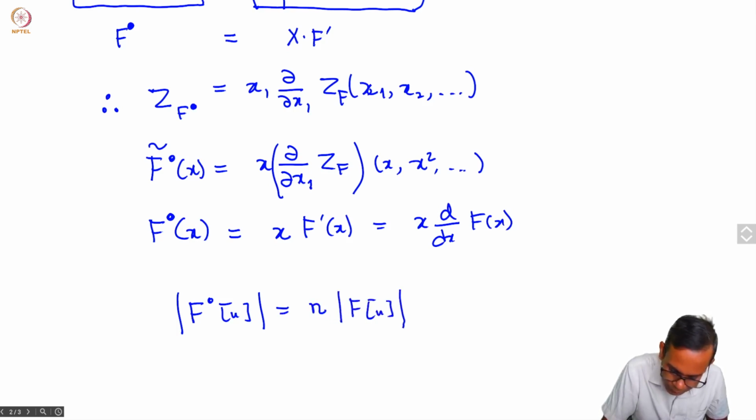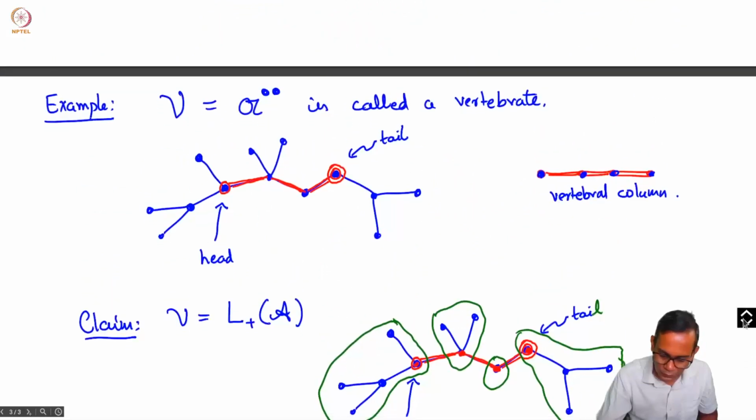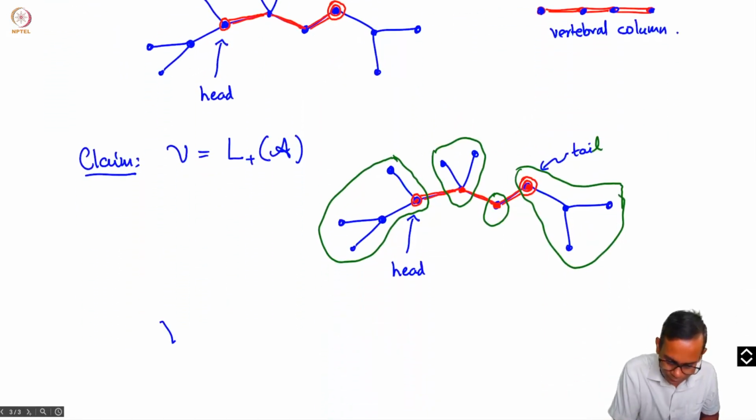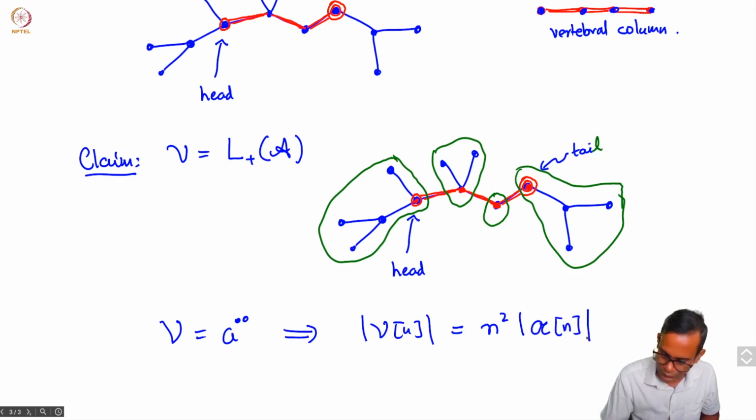Of course, this is also obvious from the way we defined an f dot structure. You take an f structure, so you have so many, and then you point at one of the elements of u, so you have n choices for that. And so this first identity says that the number of vertebrates on a set of size n is n squared times the number of tree structures on a set of size n.